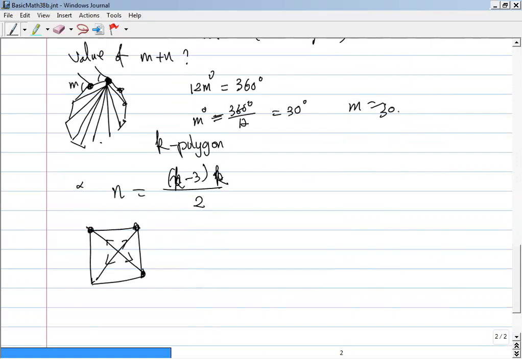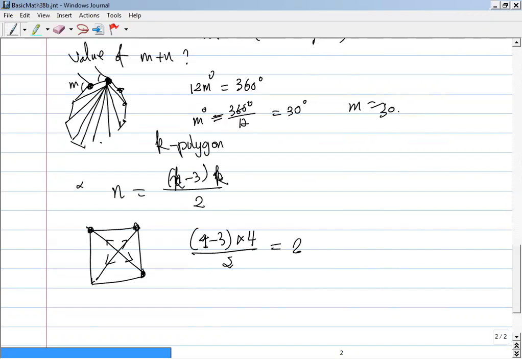So each point has one diagonal, which means 4 minus 3, just 1. But you have 4 points, so multiply by 4. But each diagonal is counted twice, so you have to divide by 2. So actually that's only 2 diagonals. For the square, there are only 2 diagonals.